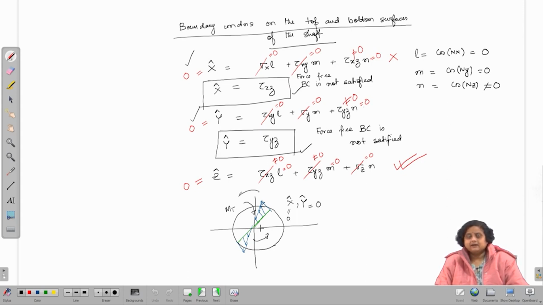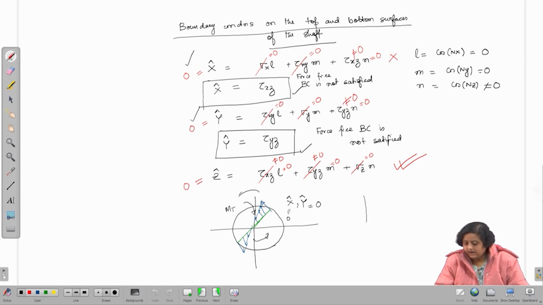But in real life, it really does not matter whether you apply the torque as a pure torsion or in the form of this force distribution, because the boundary effect according to Saint-Venant's principle will be effective at a region close to the boundary, and in the inner region the boundary effect will not be prominent.